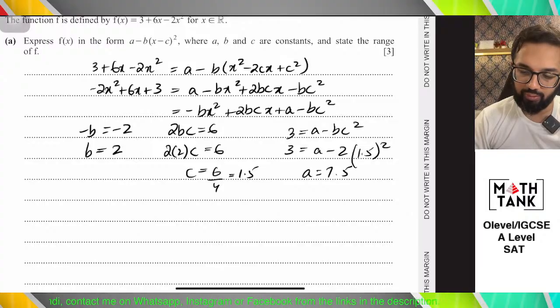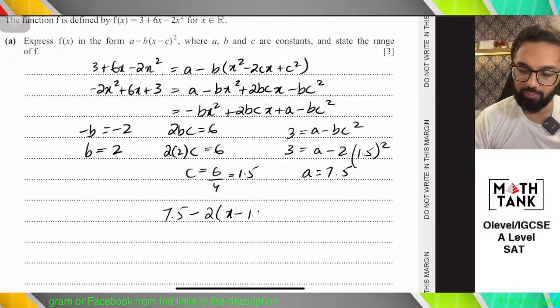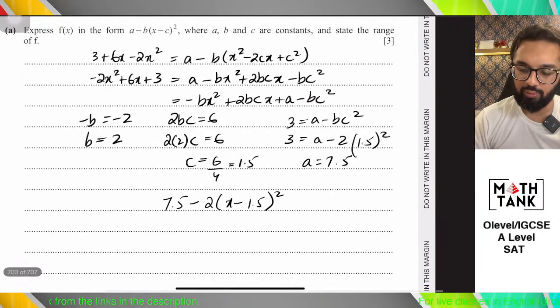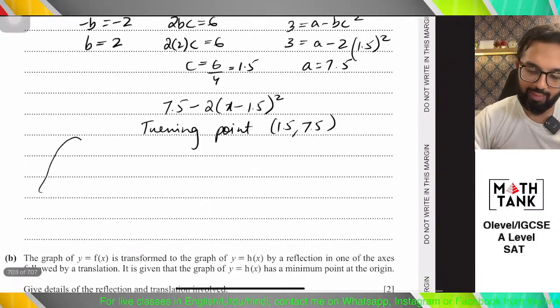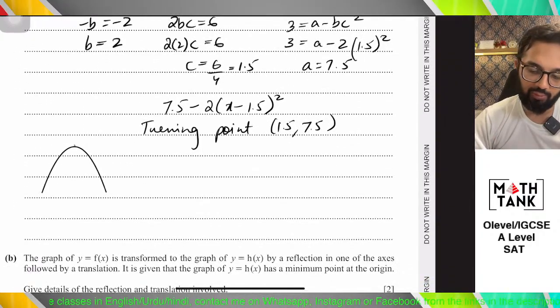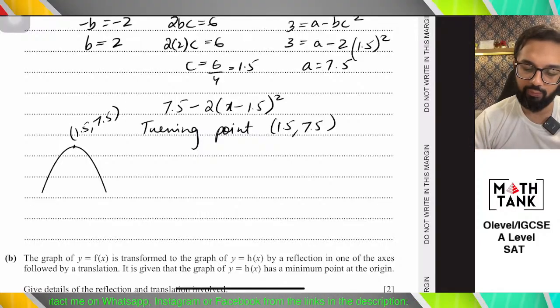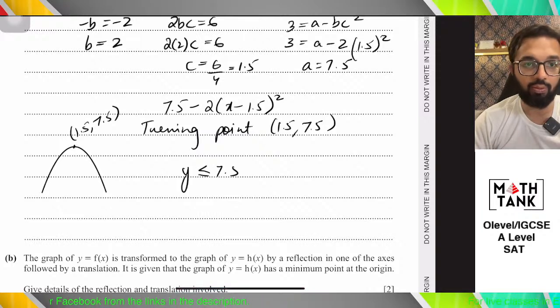So this comes out as 7.5 minus 2 times (x minus 1.5) whole squared. The turning point from here is 1.5 comma 7.5. This looks like a sad face curve because of the minus 2x squared. So the range has to be y less than or equal to 7.5.